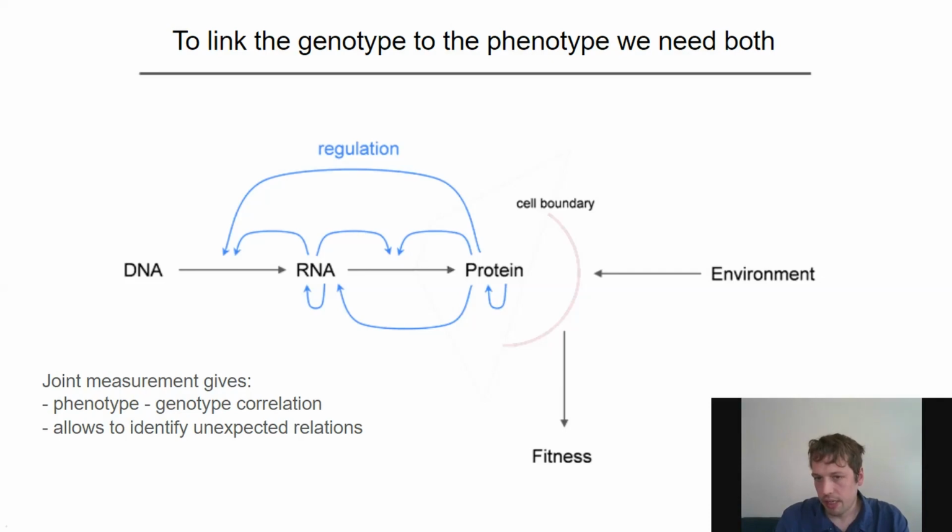And so if you really want to understand the phenotype of the cells, it's probably not good enough to just measure the genotype. What we need to do is correlate it with a phenotypic readout. And so what we decided to choose as readout is the protein space for two reasons.